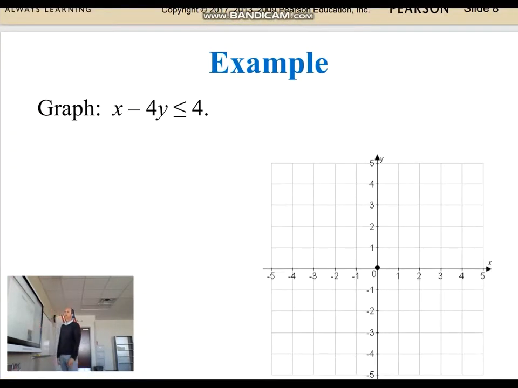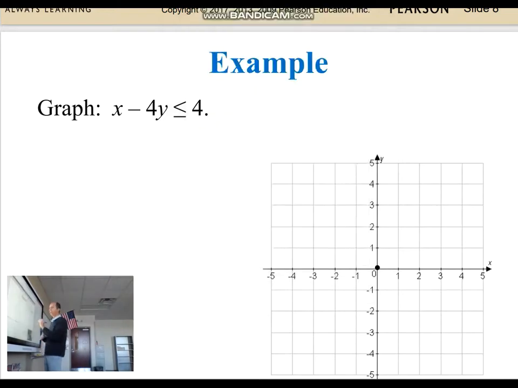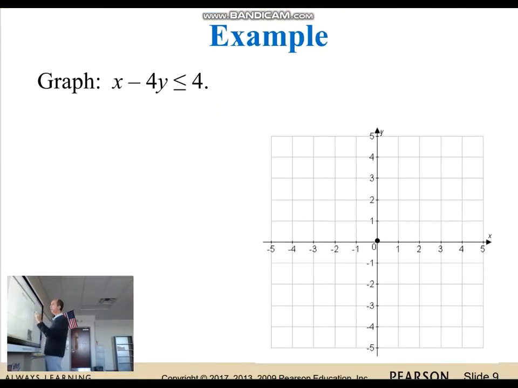Graph x minus 4y less or equal than 4. So again, the first step is to draw the boundary, the line that represents the boundary, and the line is going to be x minus 4y equals 4.